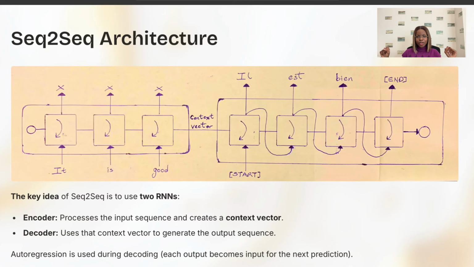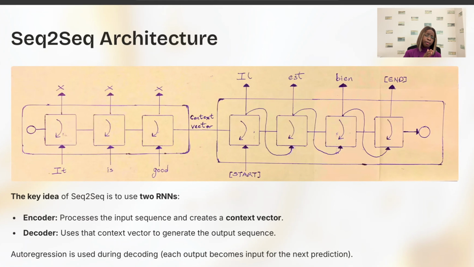So, with this pretty diagram that I drew, let's see how the sequence to sequence architecture works. I already said the key idea behind sequence to sequence is that it uses 2 RNNs, the encoder and the decoder.